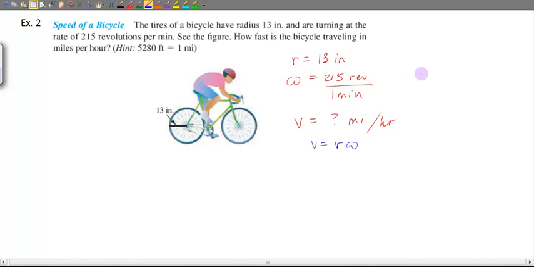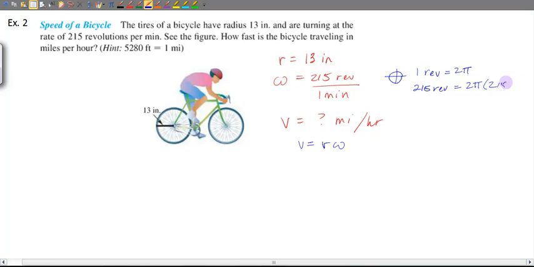So in my head, I need to start thinking, okay, if one revolution around a circle is 2 pi, then 215 revolutions would be 2 pi times 215. So in other words, when I'm given an angular speed in revolutions, I'm just going to multiply that number by 2 pi.